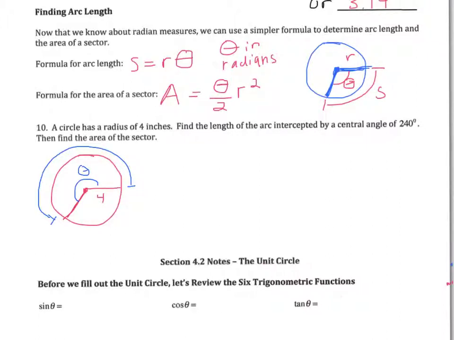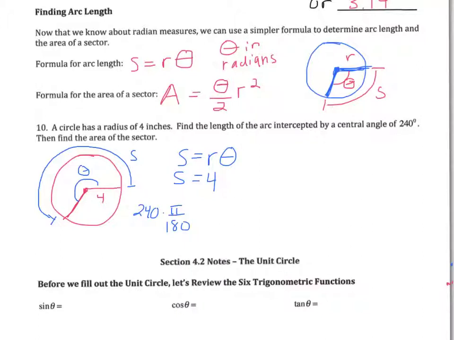To find the length of the arc length S, we're going to use S equals r theta. And we know that r is 4. However, we don't want to plug 240 degrees in for theta because it needs to be in radians. So I'm going to take 240 and multiply it by pi over 180 to convert it to a radian measure.